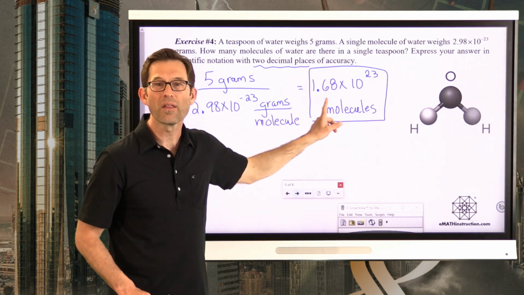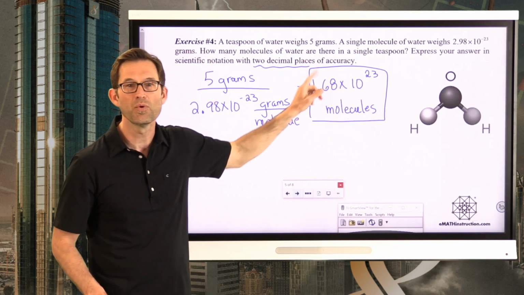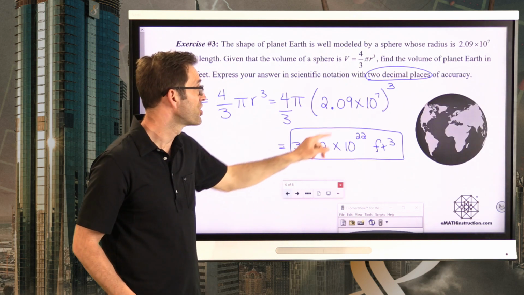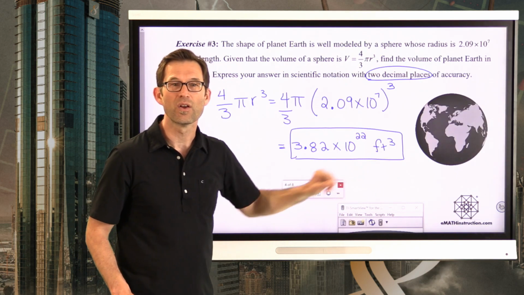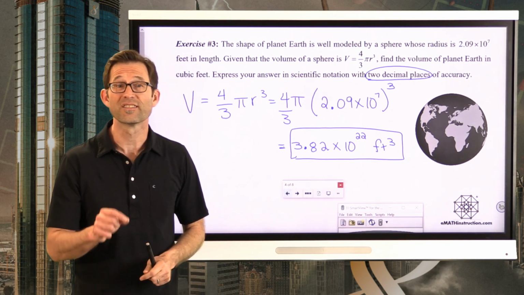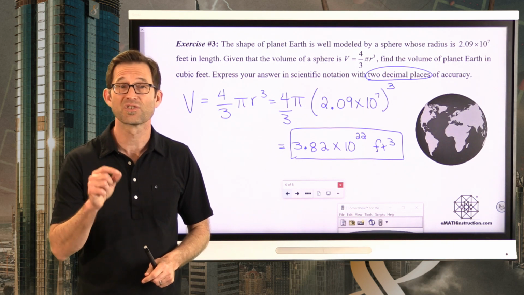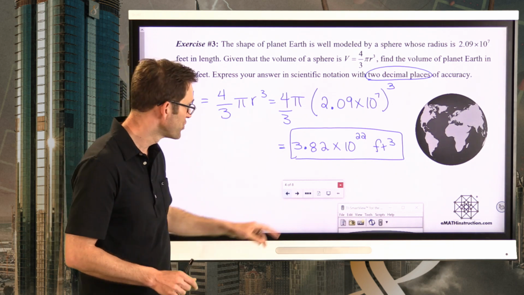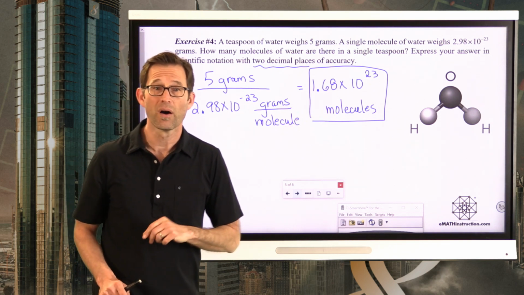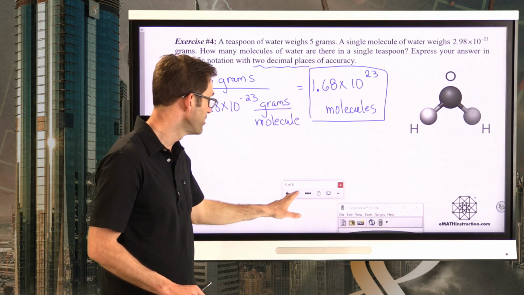There's more molecules of water in a teaspoon of water, 10 to the 23rd, than there are cubic feet in the Earth. And that's, of course, because a molecule of water is exceptionally, exceptionally small. Isn't that amazing? Talk about a big number. That's a lot of molecules of water in a single teaspoon.